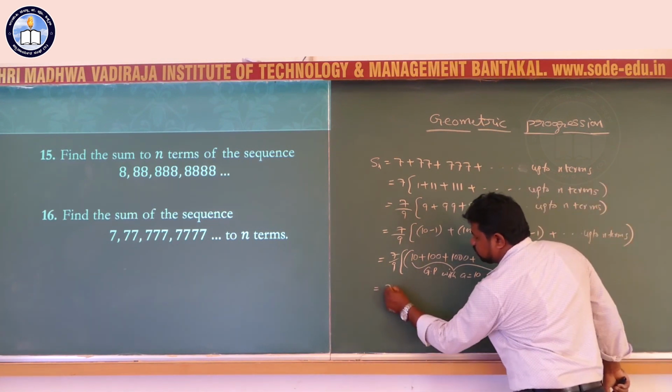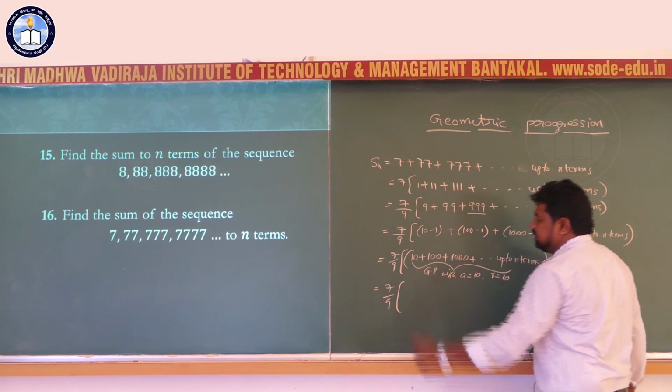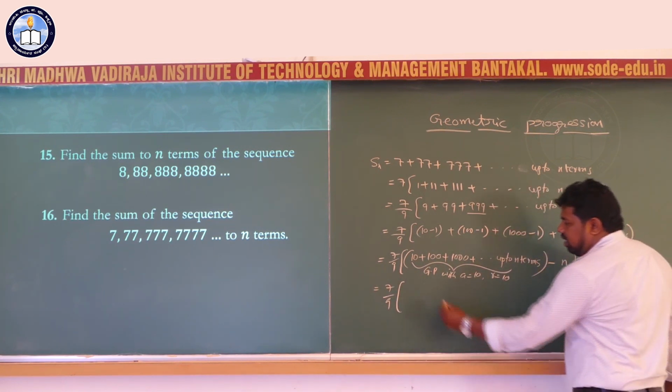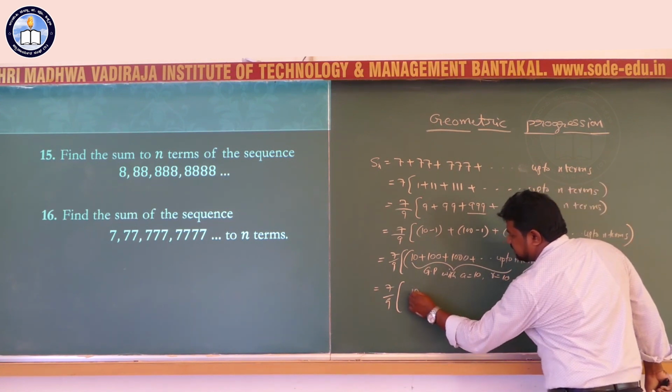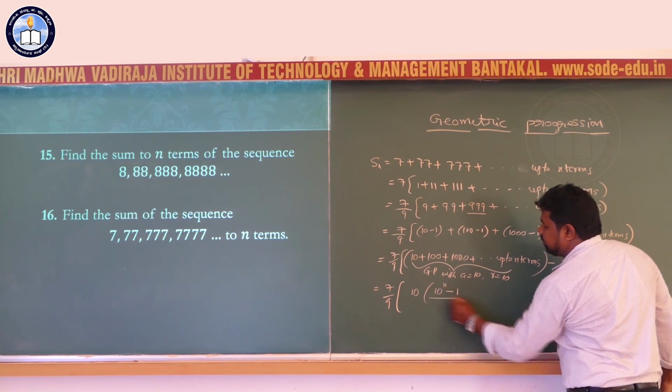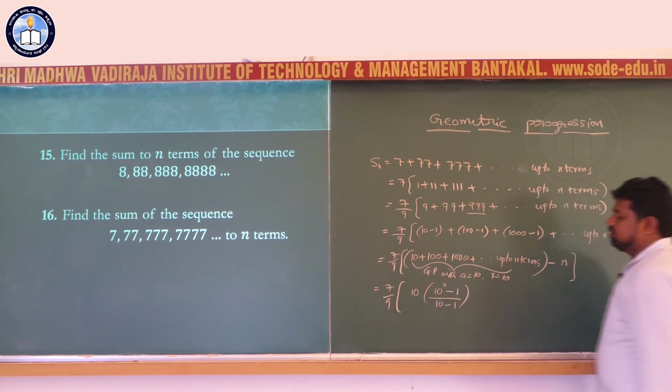So that is equal to 7 by 9 into, use the formula, 10 into 10 power n minus 1 divided by 10 minus 1.